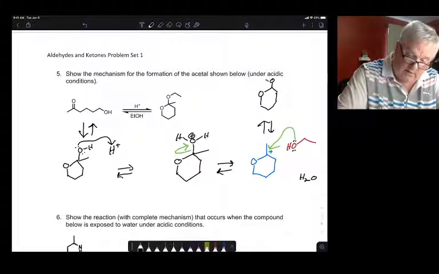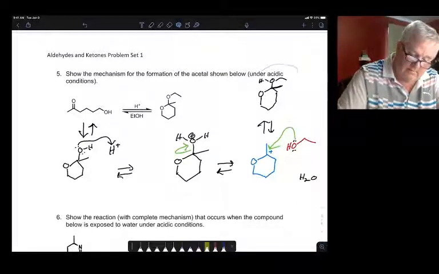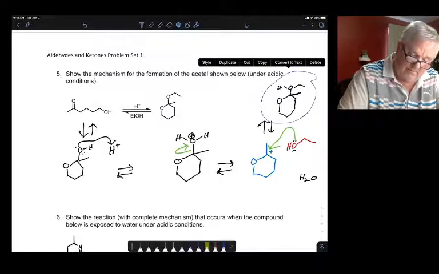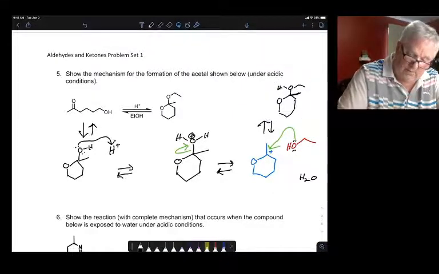There's our O, our H, that's our ethyl group, and we also have this methyl group, and I'm going to move it just so we can put a positive charge there.